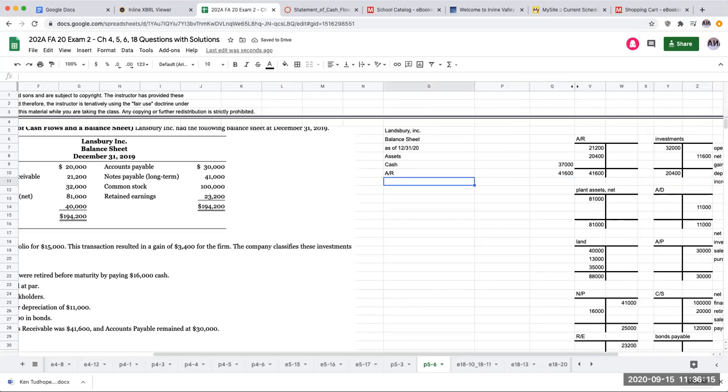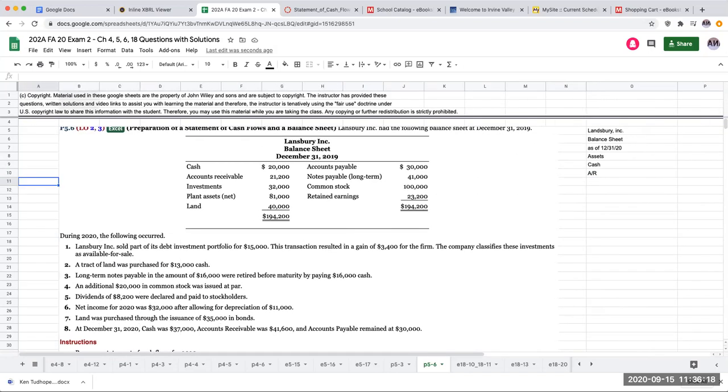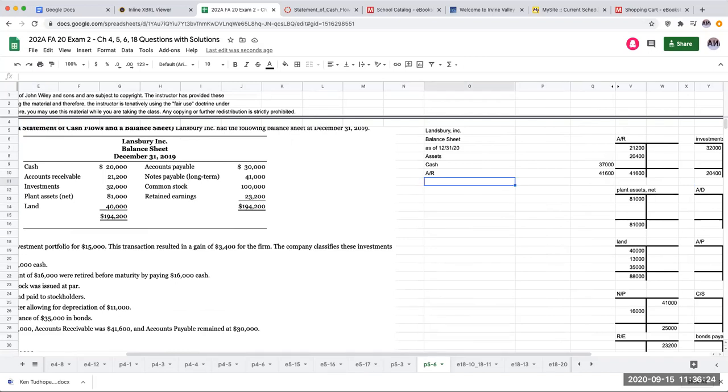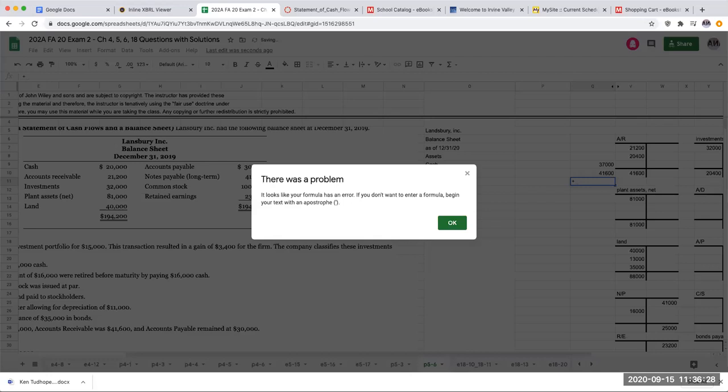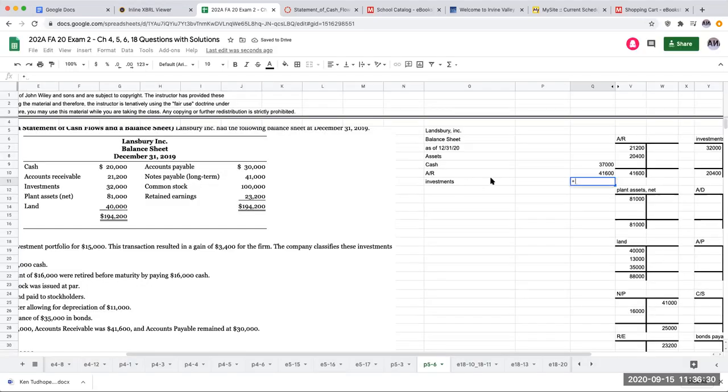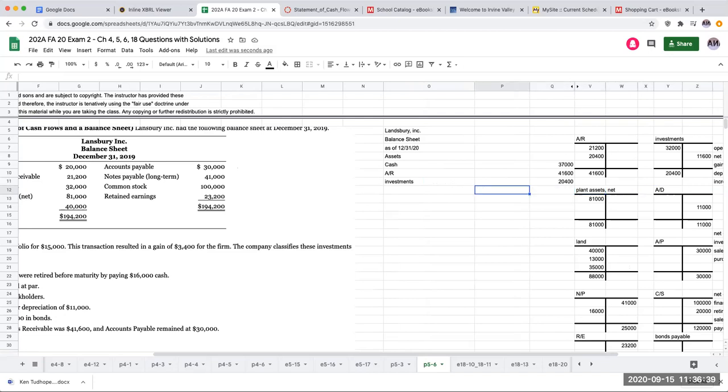Okay, the investments, see what this says about investments. Doesn't actually really matter how we're even classifying it. So over here, investments, 20,400. Okay, so here at the plan assets net, what I'm going to do is I'm going to combine these. So I've got plan assets.